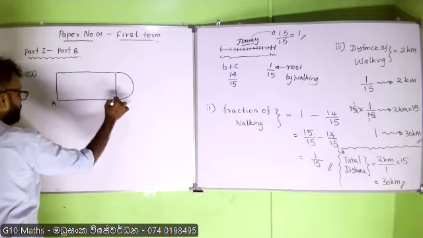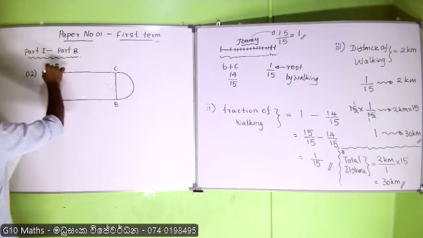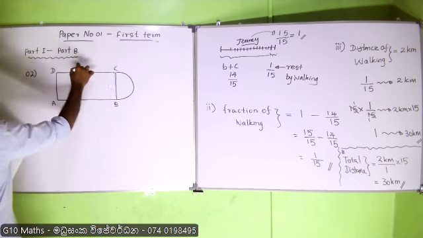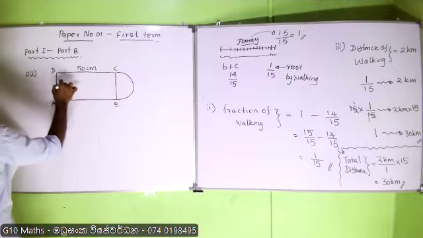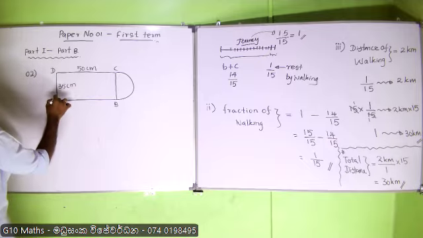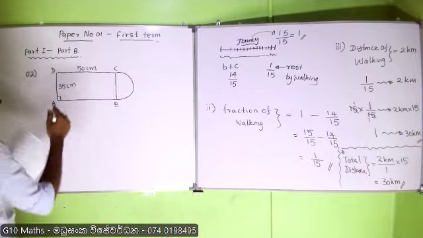A, B, C, D. This is 15 centimeters, this is 35 centimeters, right? And this is a rectangle, and this is semicircular.